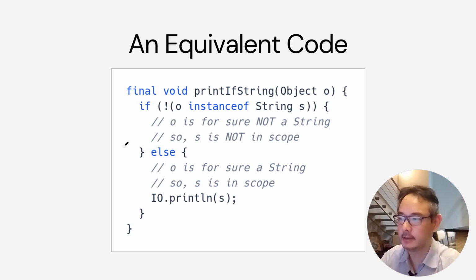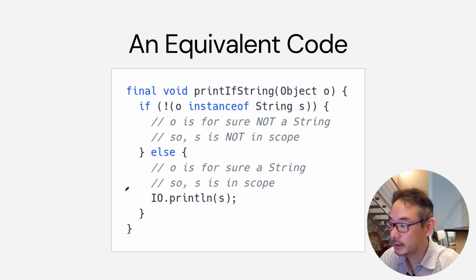We can rewrite the previous method to this equivalent code, so maybe it's a little clearer. If the code execution reaches this point here, then for sure the object it's not a string.